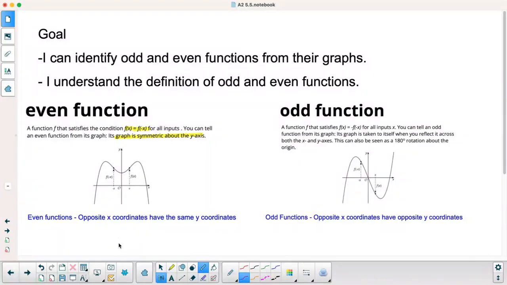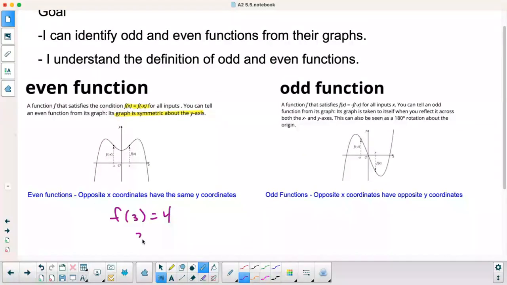So if f of 3 equals 4, that's function notation, but that just means 3, 4 is a point. Then f of negative 3 will also be 4. So negative 3 would also have a y coordinate of 4. You can tell here, this is x, this is negative x. They both have the same y coordinate.